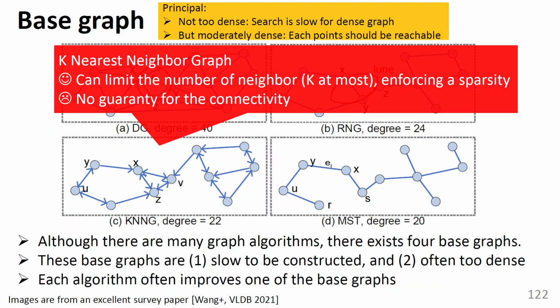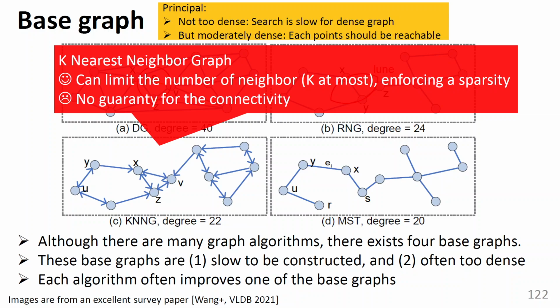And the third graph is called a k-nearest neighbor graph. For a k-nearest neighbor graph, we limit how many neighbors each node has. For example, maybe 2 or 3. So for each node, at most 3 neighbors. So it's called a k-nearest neighbor graph, with k at most.